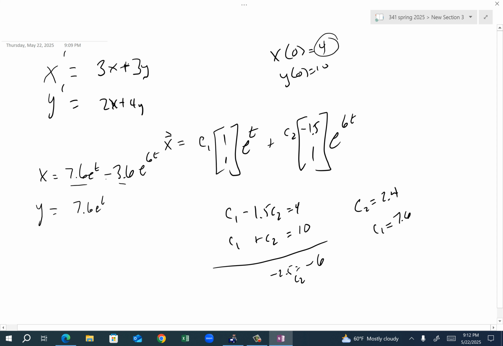That's a 1-to-1 relationship. Sure is. Plus 1 C2, so 2.4 e to the 6t, and lo and behold, that happens to be 10. So that's exciting. That's how we solve those, okay? That's what you're going to be doing primarily in section 4.6. Those are the parts that I've picked out that I would like you to look at. So that's that business there, and then we'll just move on.